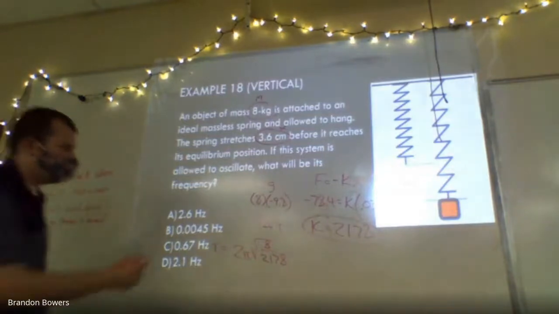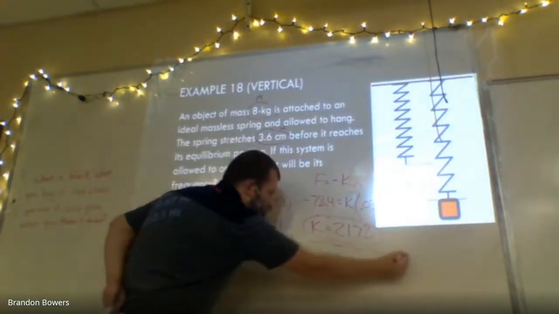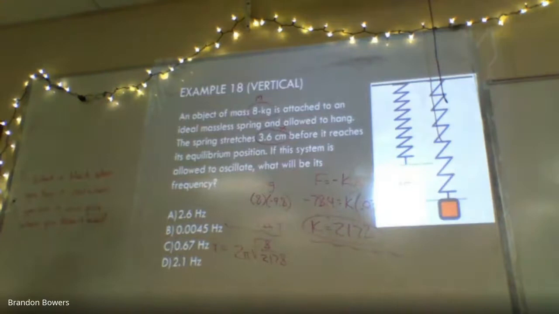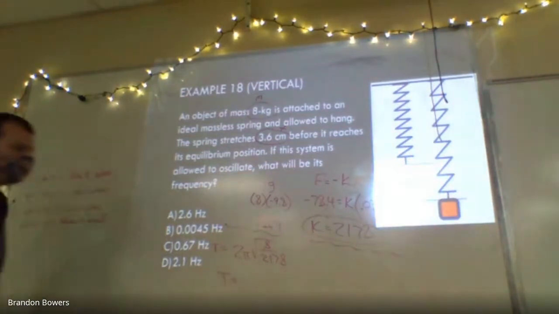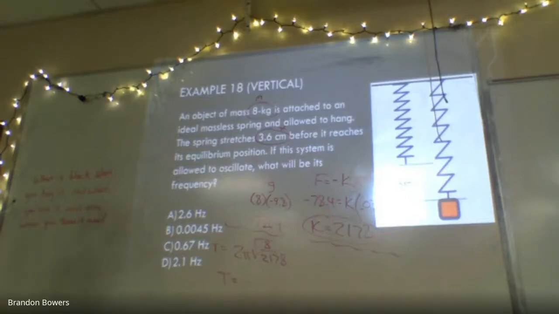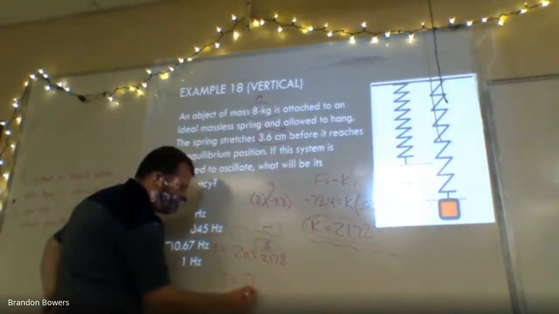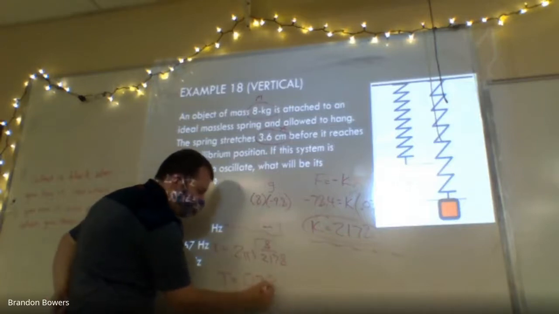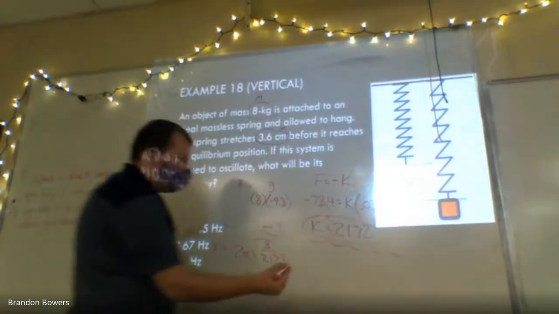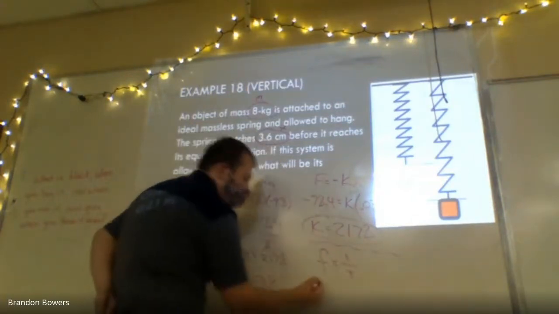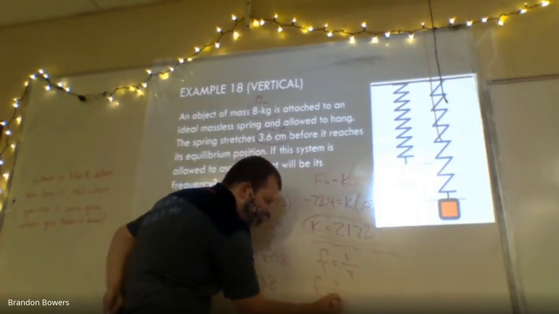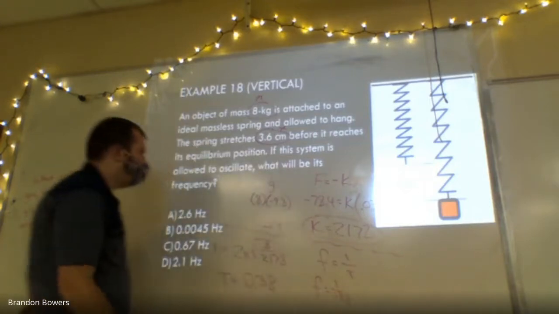So that should give us our period. Anybody get a period? 0.38. Now we're solving for frequency, which is 1 over the period. So frequency is 1 over 0.38, which is hopefully A.